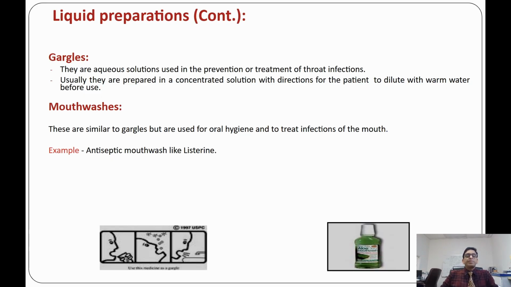Under the liquid preparations, another two categories we are going to discuss are gargles and mouthwashes. Gargles are aqueous solutions which prevent or treat throat infections. Usually they are prepared as a high concentration solution, with directions for the patient to dilute with warm water before use.